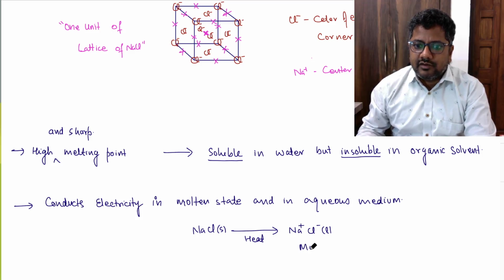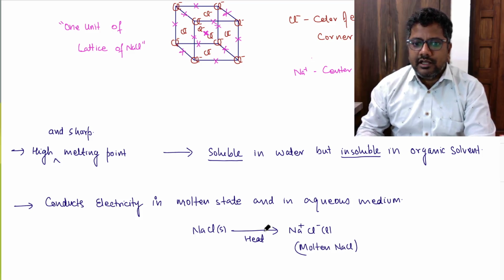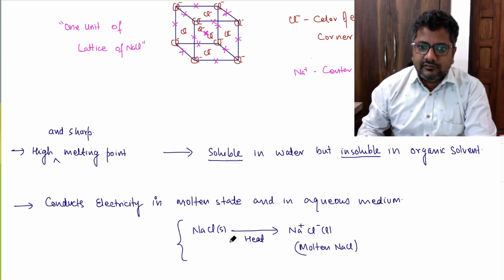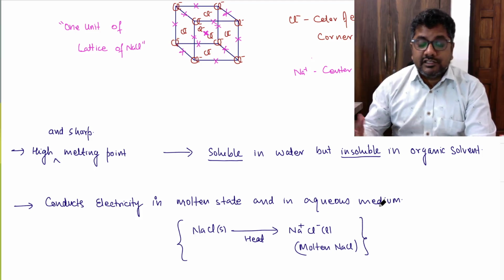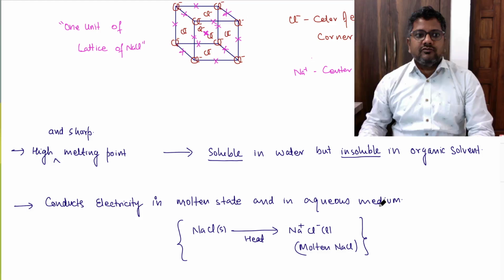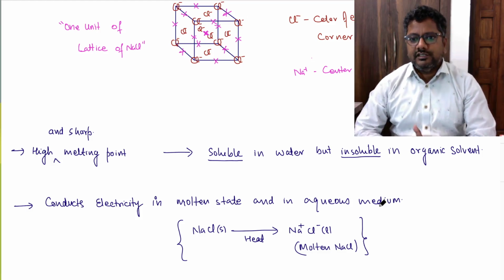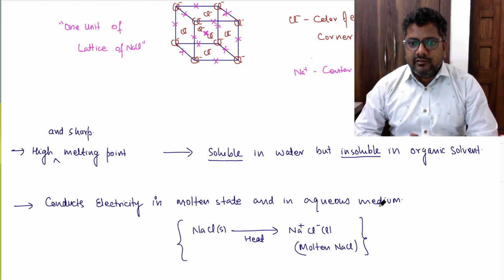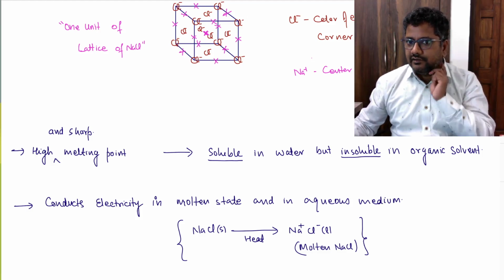Molten sodium chloride, molten NaCl, right? Only heat, nothing else, no water. And aqueous medium, you put this sodium chloride in water, that is called aqueous medium, right? So these are a few important properties of these ionic compounds, ionic solids.